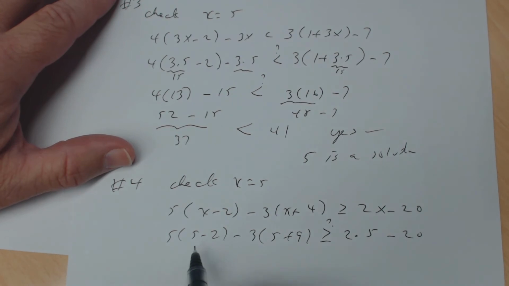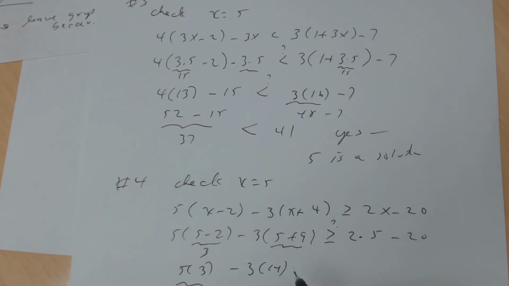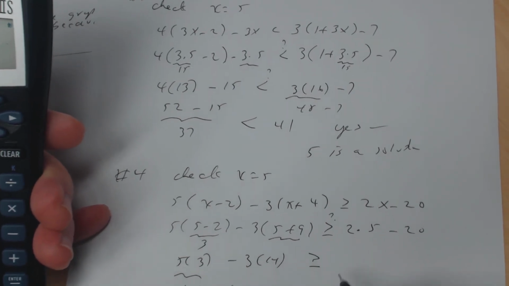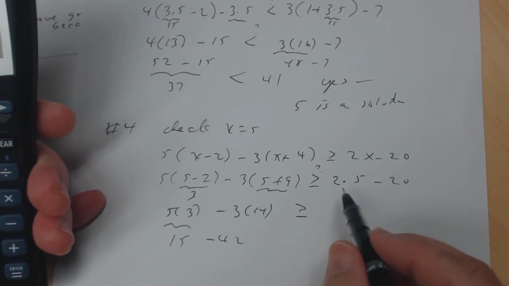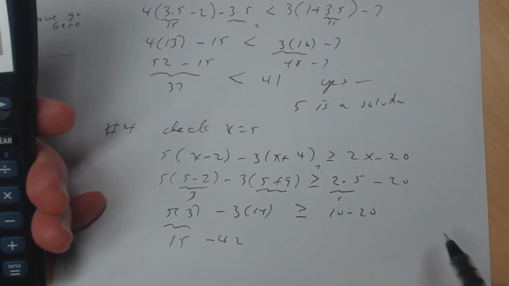So 5 minus 2 is 3, so I get 5 times 3, which is 15, minus 3 times 9 plus 5 is 14, and then 3 times 14 is 42, and I want to see if that's going to be bigger than or equal to 2 times 5 is 10, minus 20.